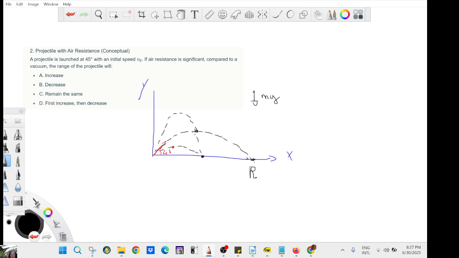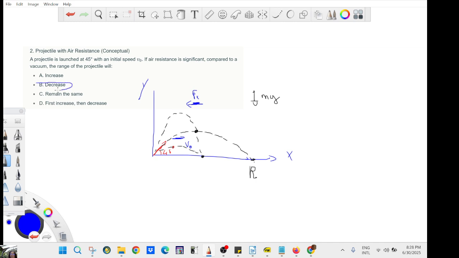Now, if you have a resistance, and you are just looking along the x-axis here, the projectile has a horizontal velocity, which does not stay constant in that case because you're going to have drag. And the drag will oppose the motion. So if it wants to move this way, you're going to have an x component of the air resistance that will oppose the motion.